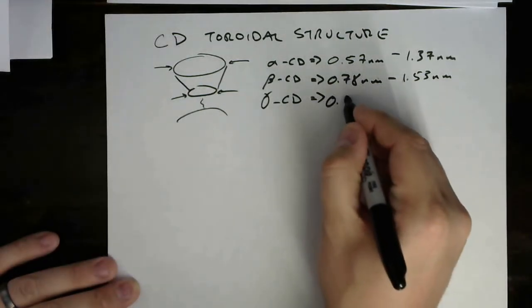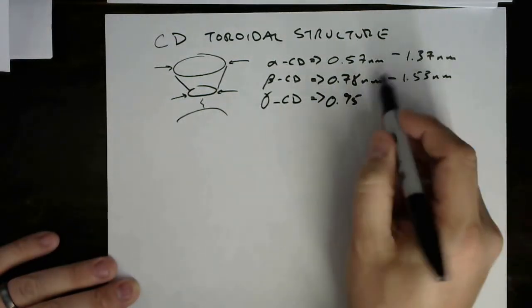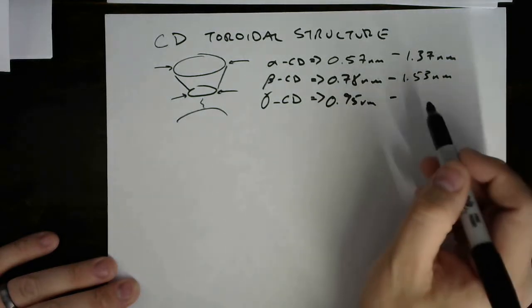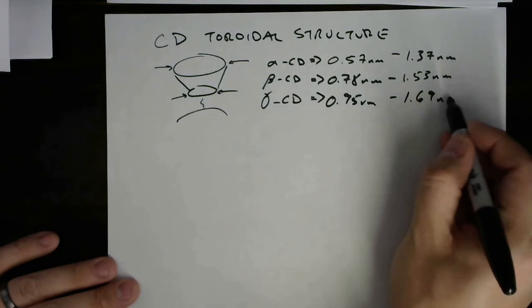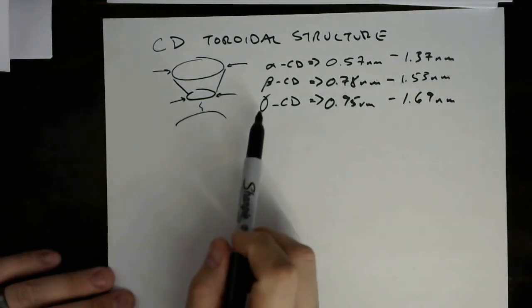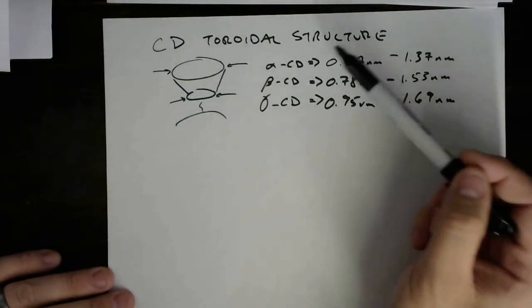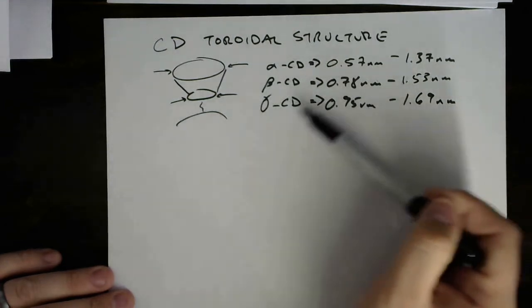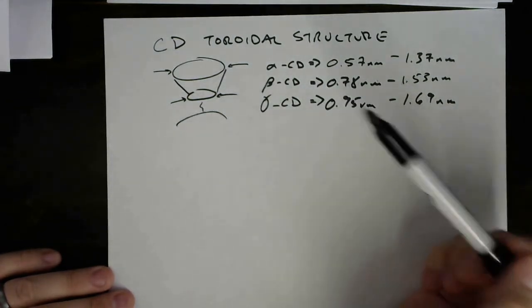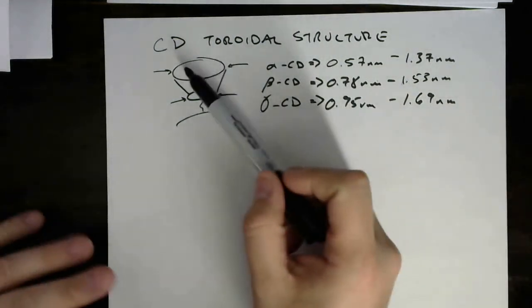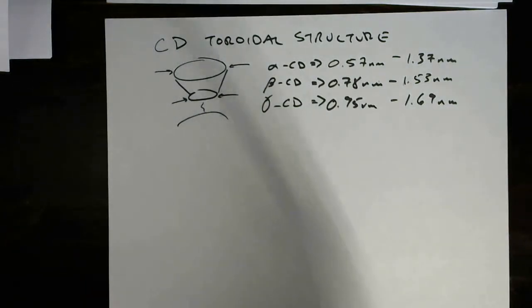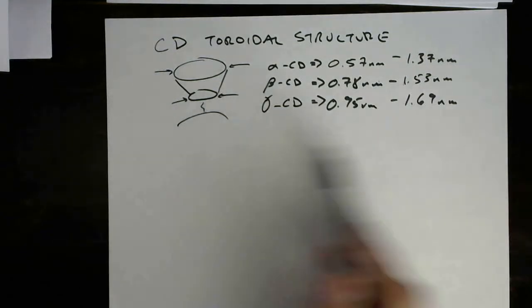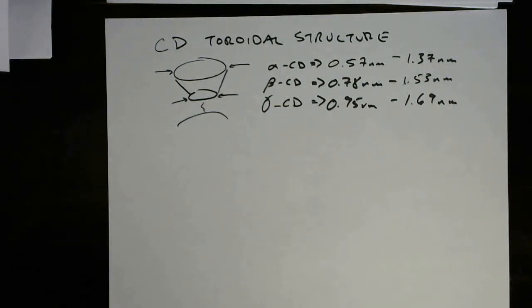And at this point, the minor diameter is almost a full nanometer, and this will go up to almost 1.7 nanometers. And so one of the driving factors that would cause you to look at a stationary phase produced by gamma instead of alpha cyclodextrin is how big of a molecule are you looking to chirally select in that cavity. And these geometries help you do that.